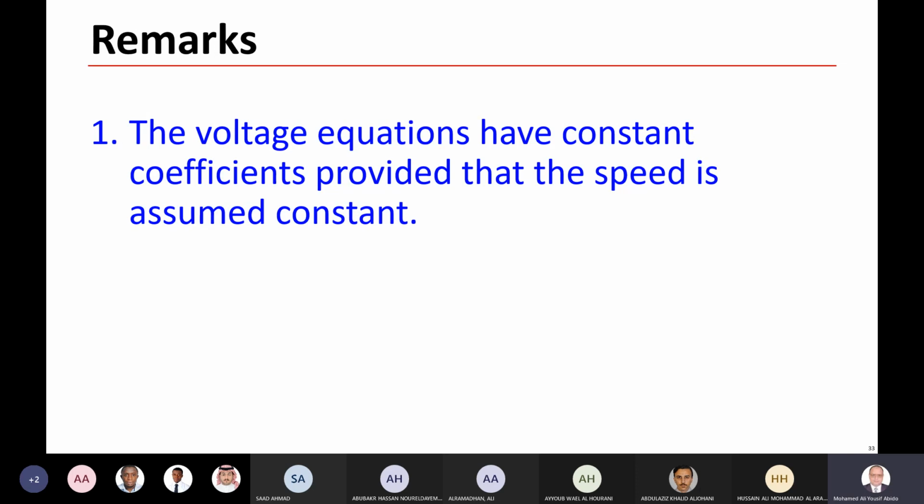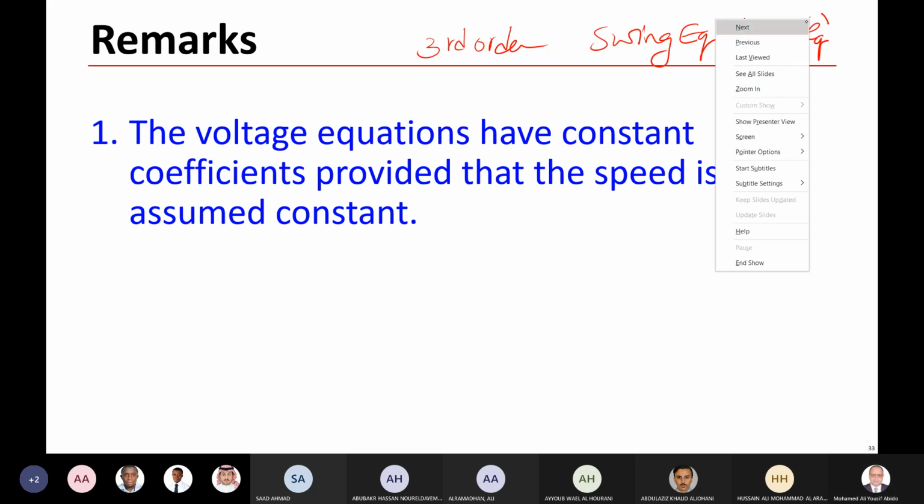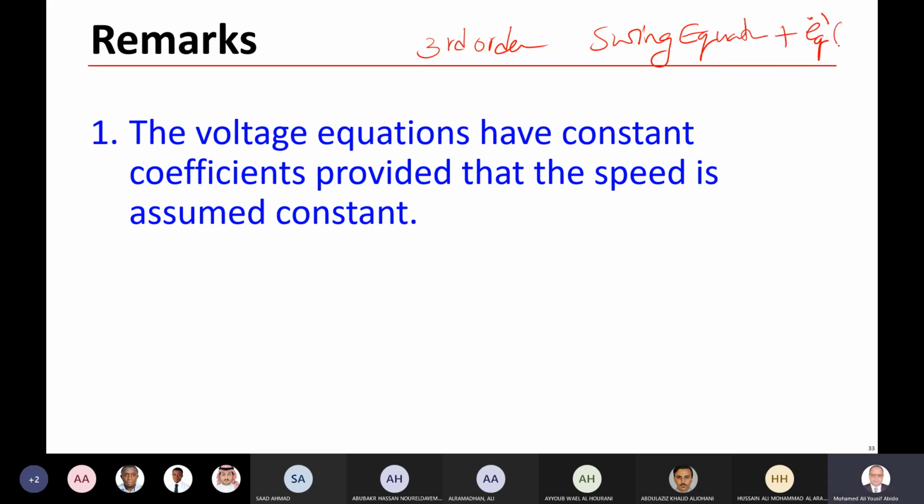Actually, in this course, we will focus more on the third order model. In addition to the swing equation, which should be there anyway, we have the internal voltage equation, which depends on the field voltage.